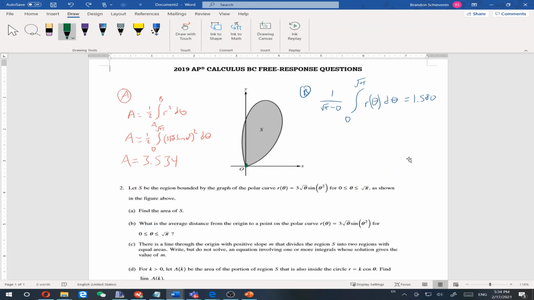Some line with a positive slope like this, dividing these into 2 equal areas. Okay, I want to write but not solve an equation involving one or more integrals. The solution gives the value of m.